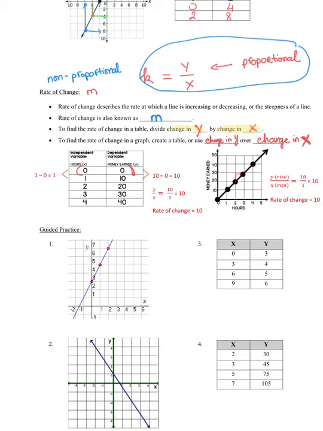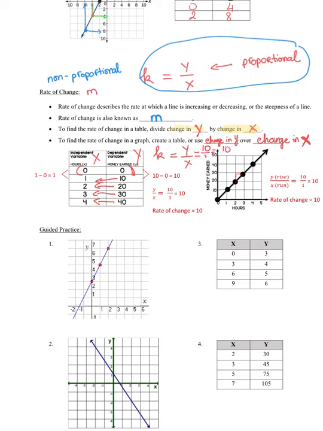So if you use k, we can do y over x, this is y, this is x. So 10 over 1, which is 10, 20 over 2, which is 10, 30 over 3, which is 10, 40 over 4, which is 10. So it's proportional. So you can use k to find out the rate of change. Y over x, which is 10 over 1, which is 10.